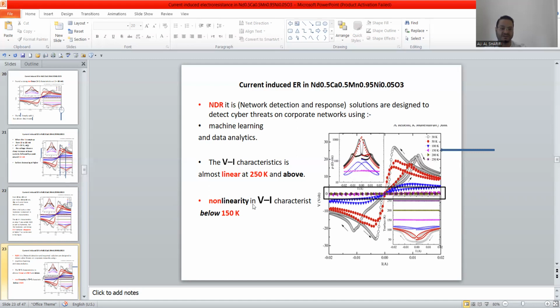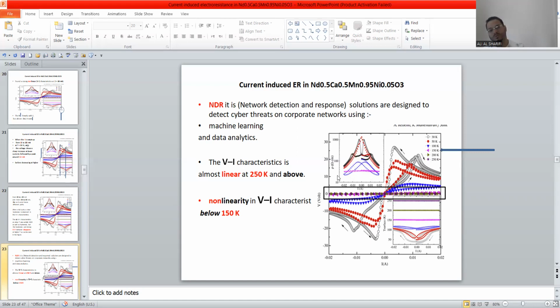Non-linearity in the IV characteristics is below 150 Kelvin. Below 150 Kelvin is non-linearity behavior, but after that it starts to be linearity behavior.